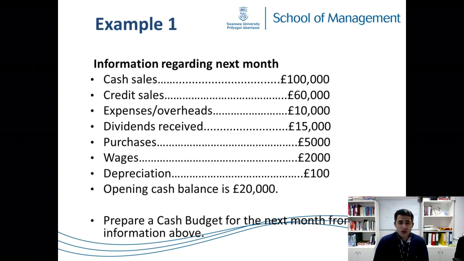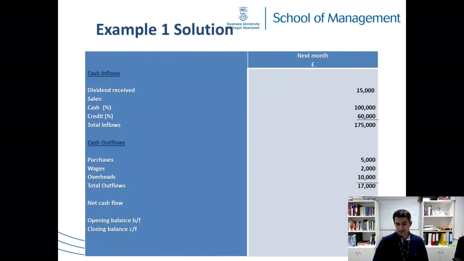So according to the information available here, we need to start with the money inflows, and as you see, the money inflows here include the dividend received and also the cash sales and credit sales. Let's have a look.